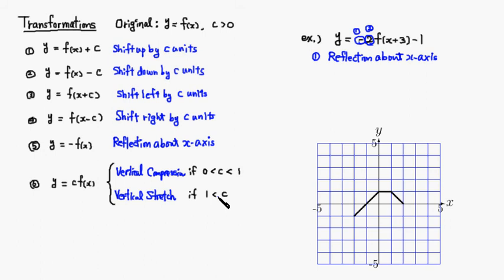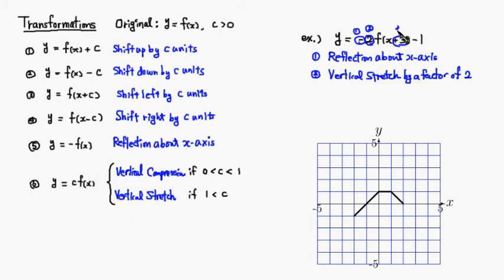Since that 2 is greater than 1, it's going to be a vertical stretch by a factor of 2, right? And then you can do plus 3 minus 1. You can do either one. So I'll do a plus 3 first, all right?